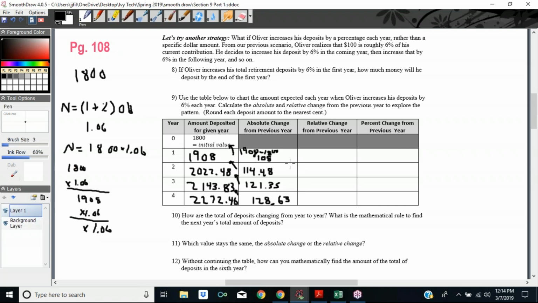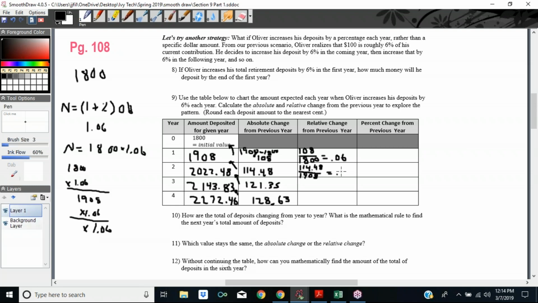And then let's find the relative change. So this time, we're still going to take the absolute change divided by the previous value. So 108 divided by 1800. And it is 0.06. So when we take the next one, 114.48, we divide that by 1908.